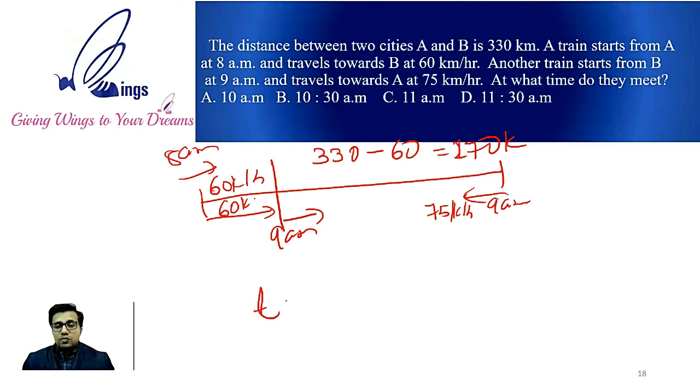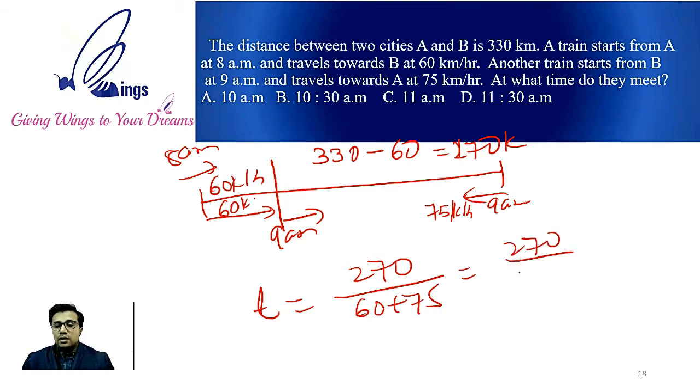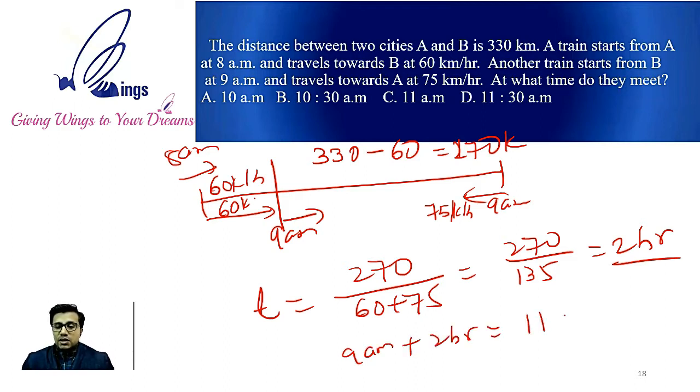The time taken to meet will be 270, the remaining distance, divided by 60 plus 75. This is 270 by 135 km per hour. After 2 hours, they will meet. Because we are starting at 9 a.m., 9 a.m. plus 2 hours, the time at which they will meet is 11 a.m. Option C is the answer.